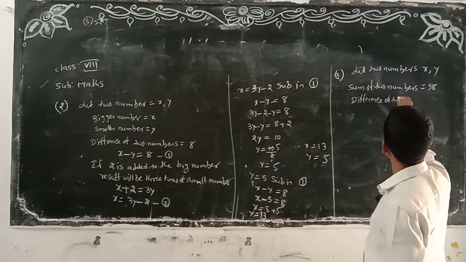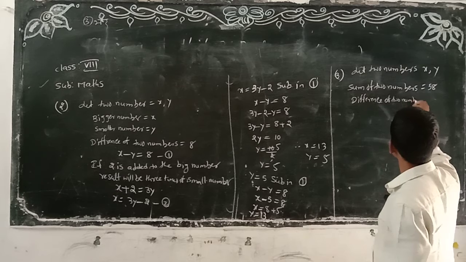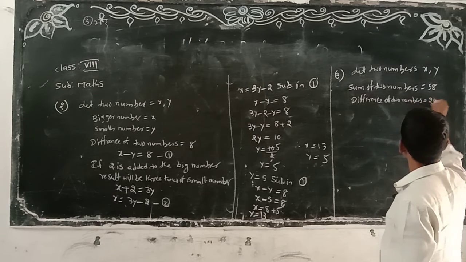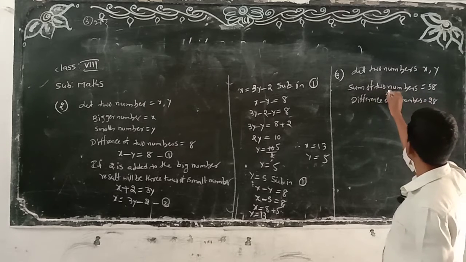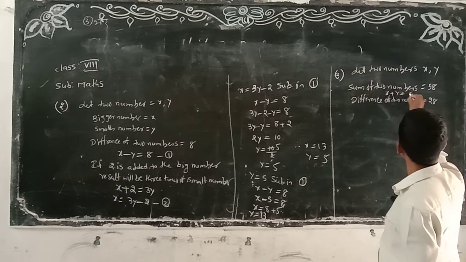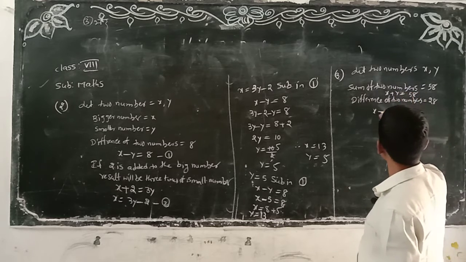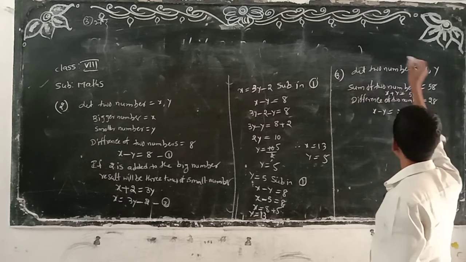Difference of two numbers, how much is given? The 28. Sum of two numbers means x plus y is equal to 58. Difference means x minus y is equal to 28.